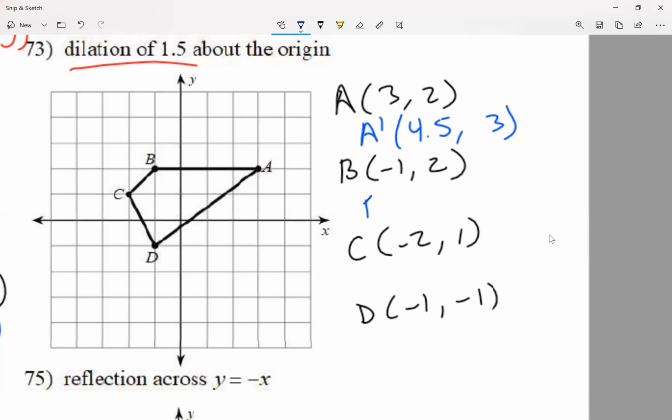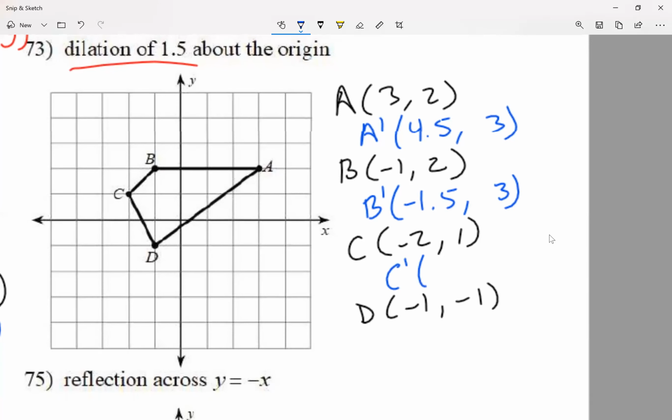For my coordinates of B prime, that's going to give me -1.5 and 3. I just multiplied each of my values by the scale factor, 1.5 in this case. My C prime is going to give me -3 and 1.5.